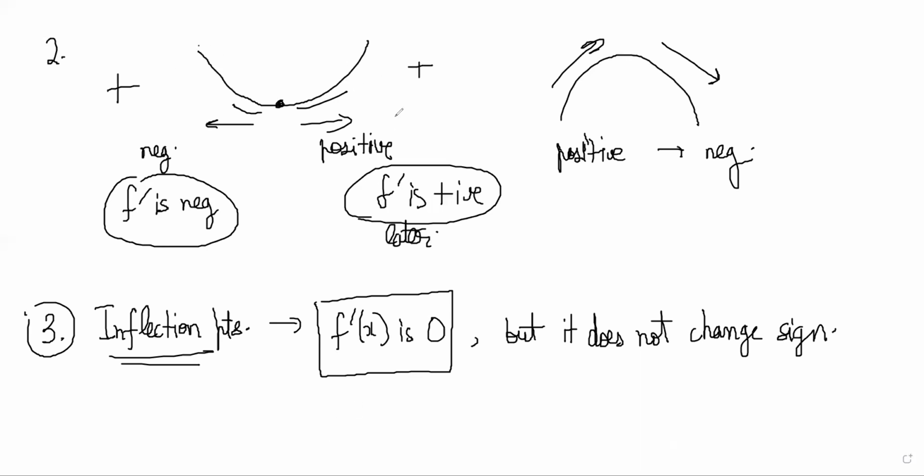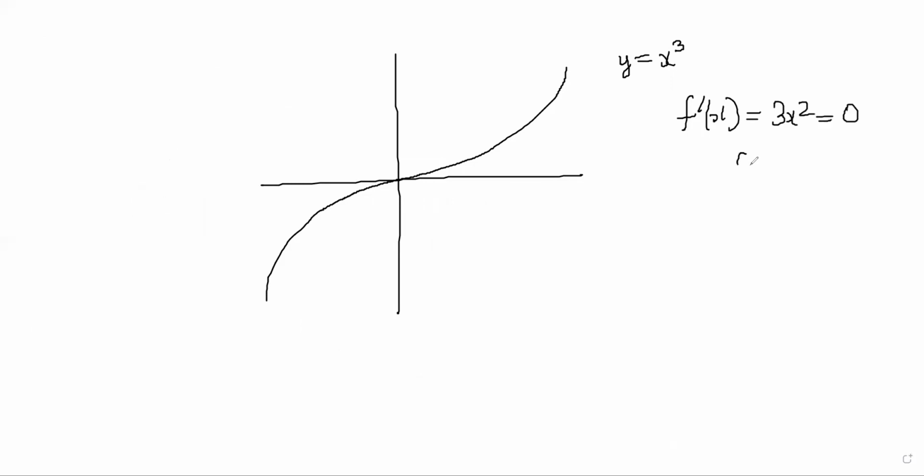I will show you. The simple example is y is equal to x cube at 0. Look at the first derivative. First derivative is 3x squared, which is equal to 0 at x is equal to 0. But it is increasing in this range also and increasing in this range also.